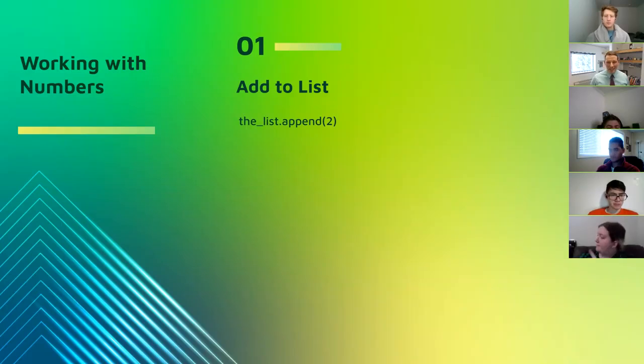So anytime I have a list, it doesn't have to be named the list. It could be named anything as long as it was declared as a list. Now, just as a review from Monday, how do we declare a variable as a list data type? Square brackets. Yep, that's it.